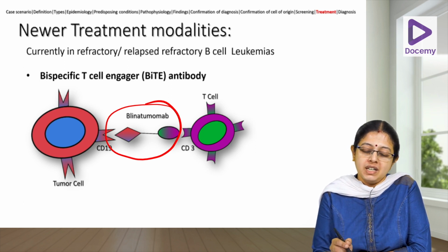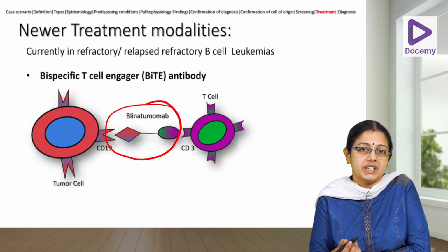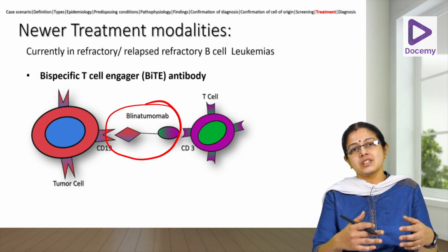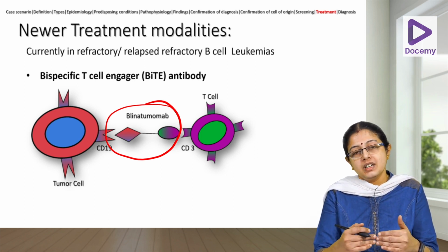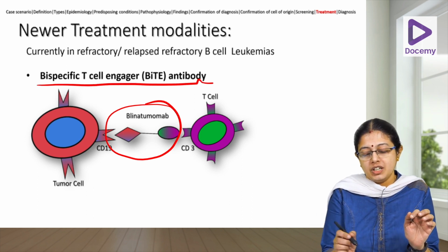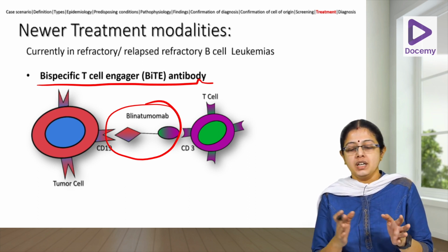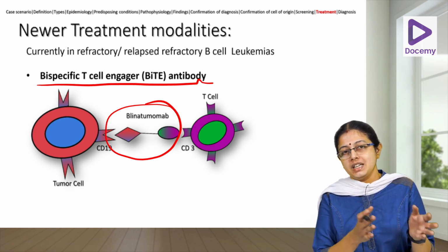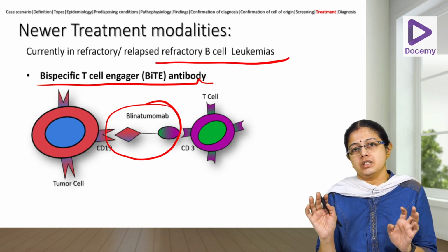Once this happens, the T cell will be able to phagocytose the CD19 cells, which the cell was not able to identify previously. Okay, so this is also a newer treatment modality. It is a little complicated, I know, but then you need to be aware about the terminology. The BiTE antibody, which has a CD19 and CD3 moiety, will bind the T cell and the B cell, and this is also for refractory B cell leukemias.